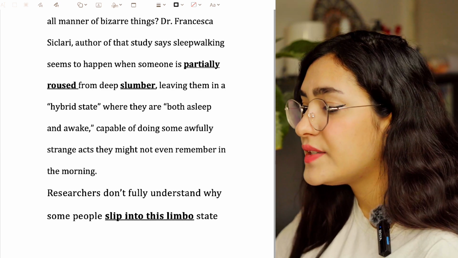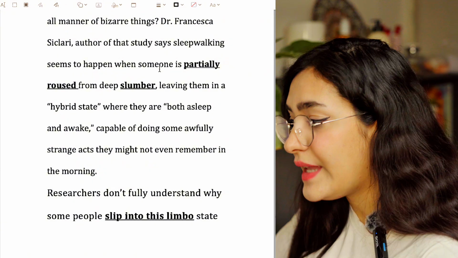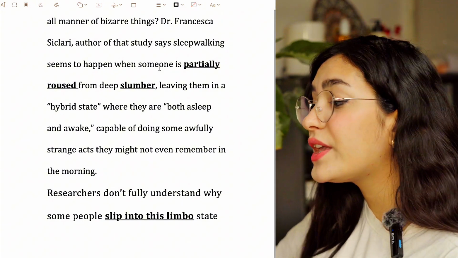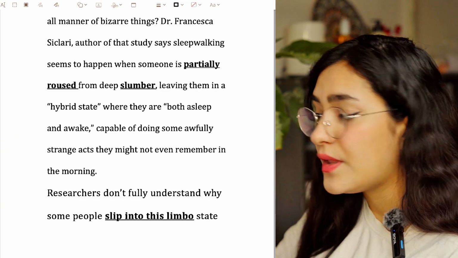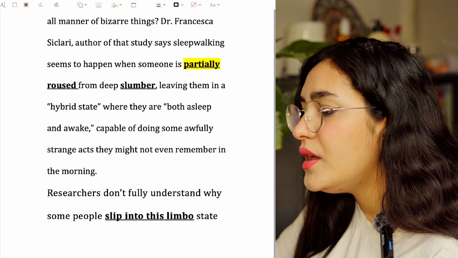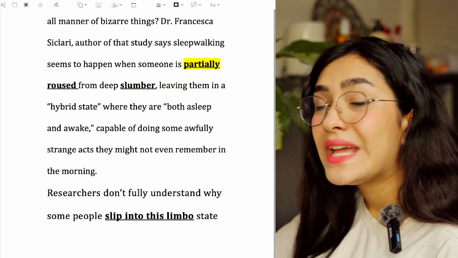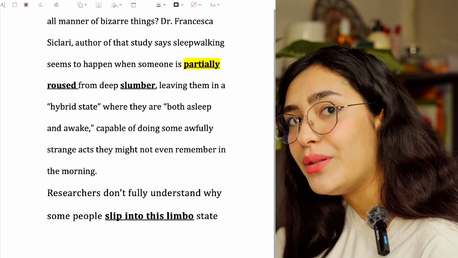So, the doctor of this study is suggesting that sleepwalking is when someone is partially roused. So, partially means in part and not completely, or we can say incompletely.